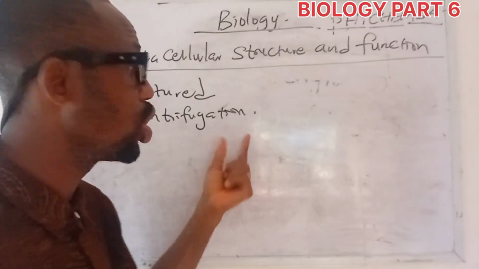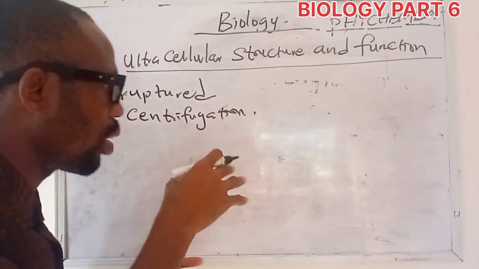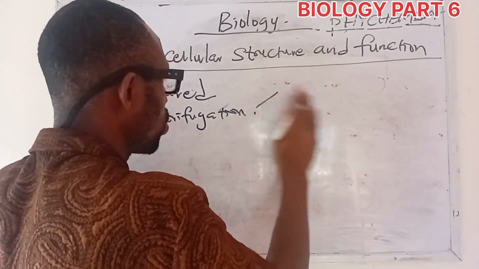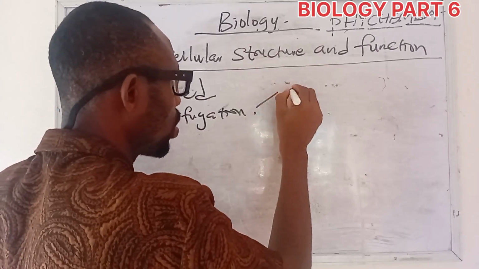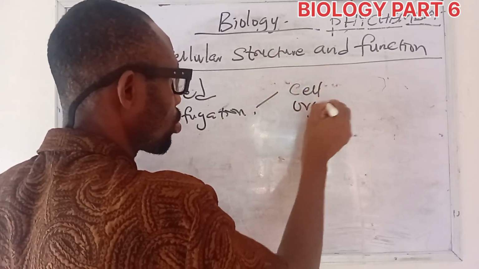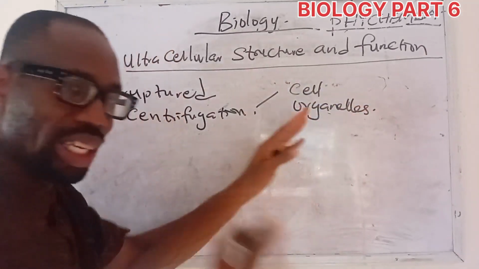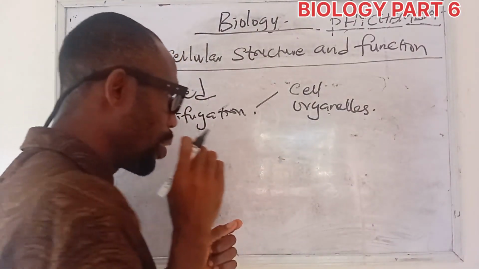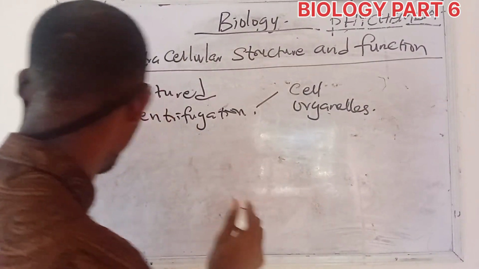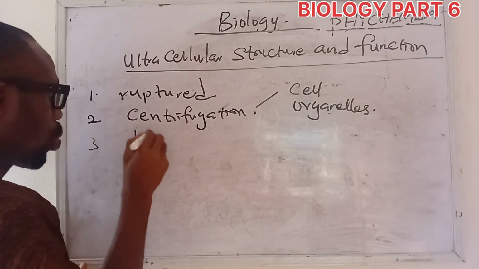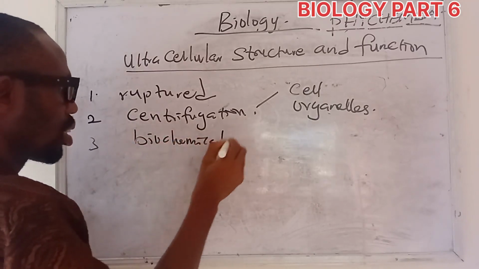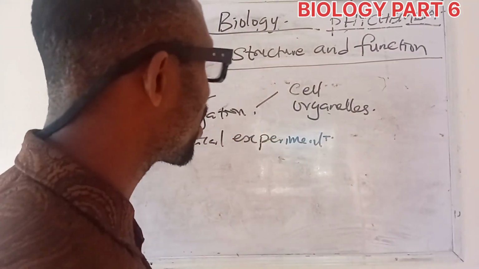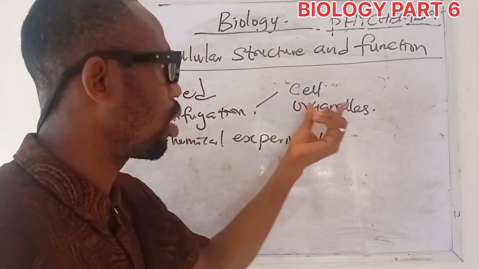The essence of centrifugation is to separate the organelles in the cell, so they will be single. Then the scientists will be able to carry out biochemical experiments on each of these cell organelles.